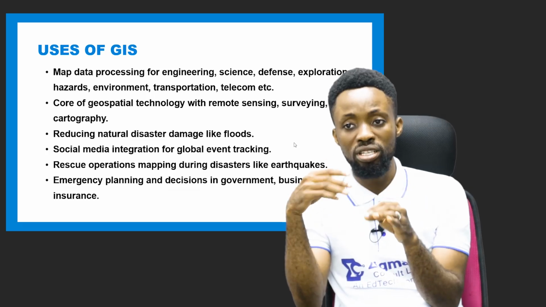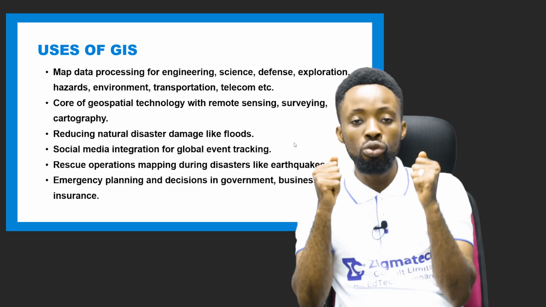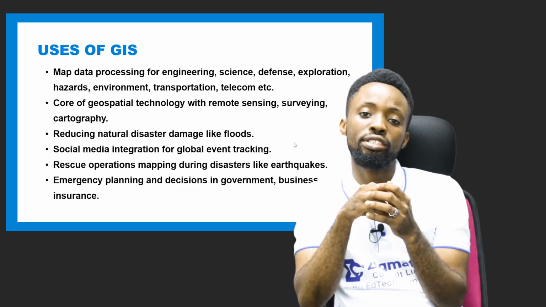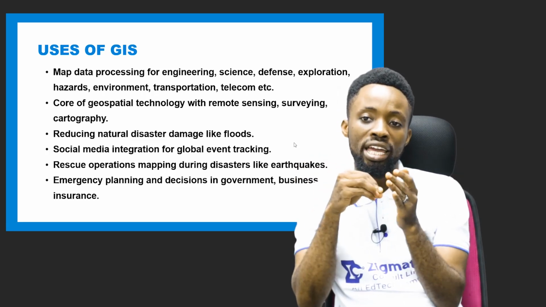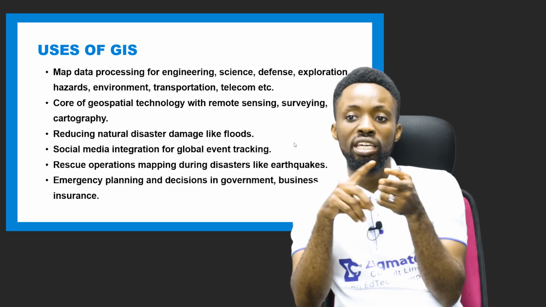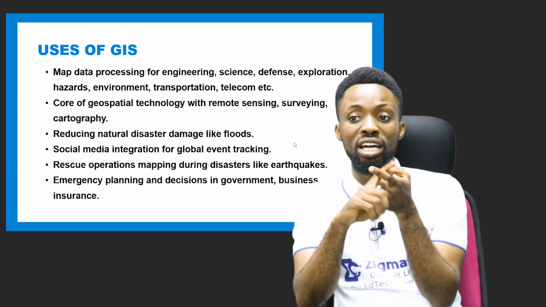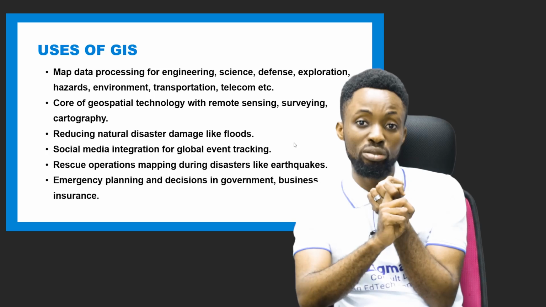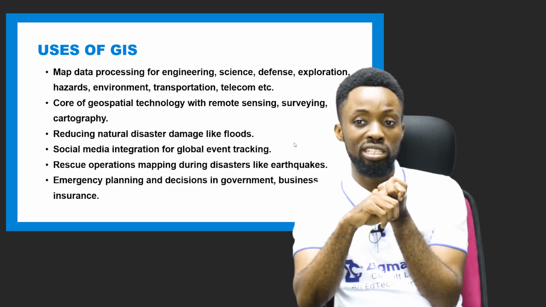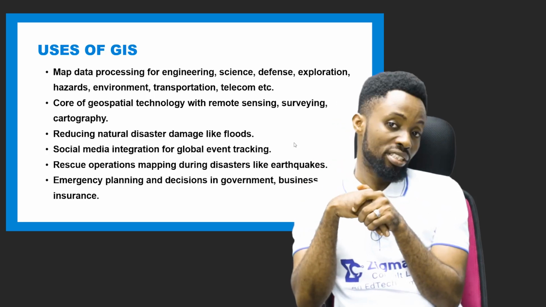So what I'm trying to say is that these various sectors I have mentioned, they actually use everything gotten from GIS. So GIS is an essential component in engineering, is important in science, is important in defense, is important in exploration, is important in the environment, is also important in telecom sector.